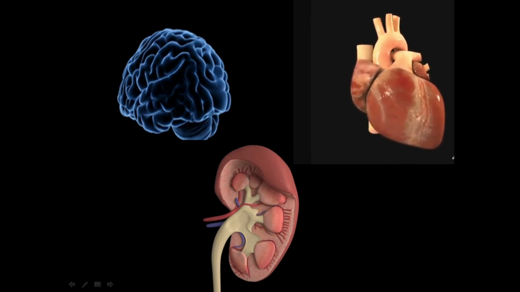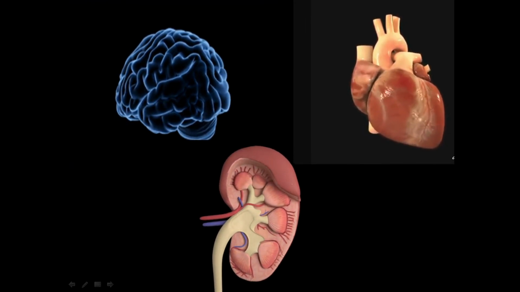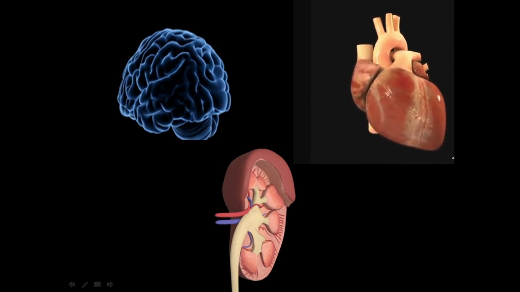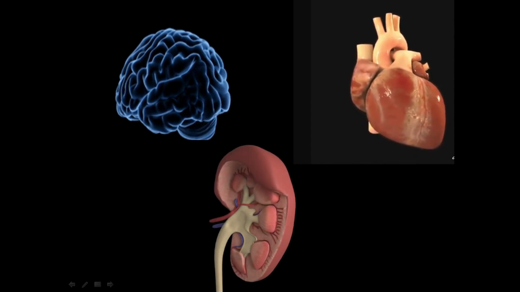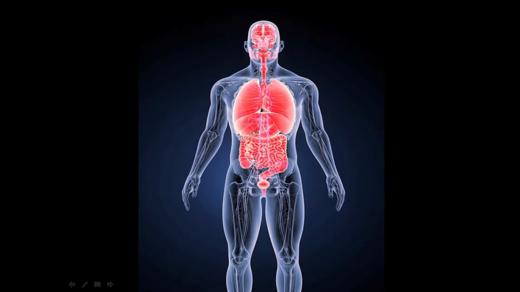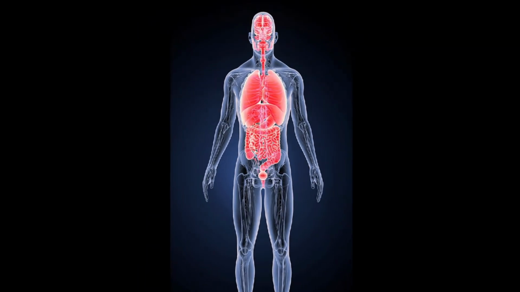When two or more organs work together and perform a specific body function, they form an organ system. The organ system forms the entire organism.